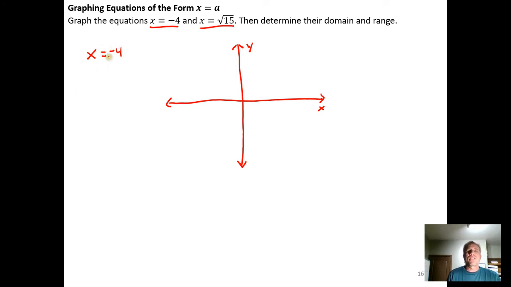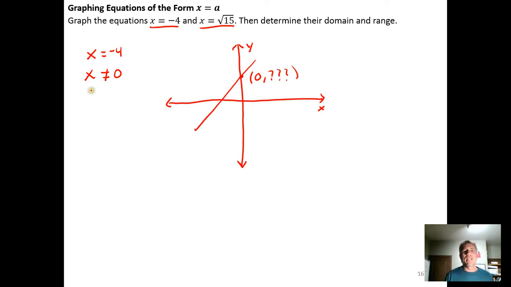If this says that x is always -4, this means that x will never be 0. The only way x could be 0 would be for you to have a line that intersected the y-axis, because when you intersect the y-axis, the x-coordinate is 0. So 0 comma whatever the y component is.